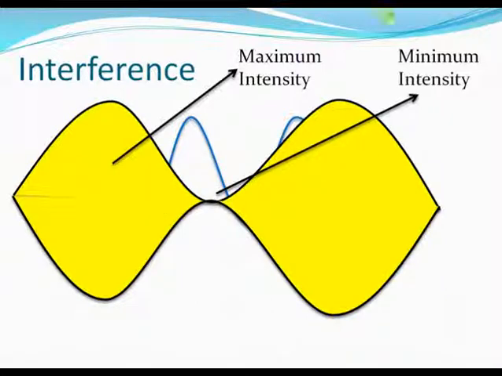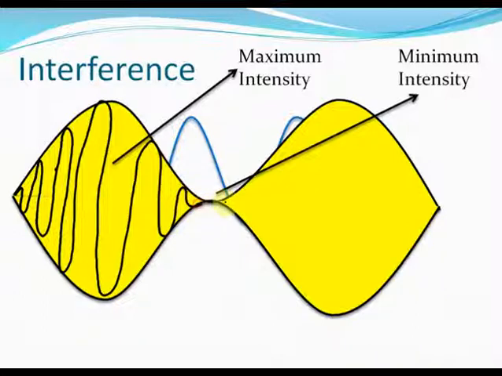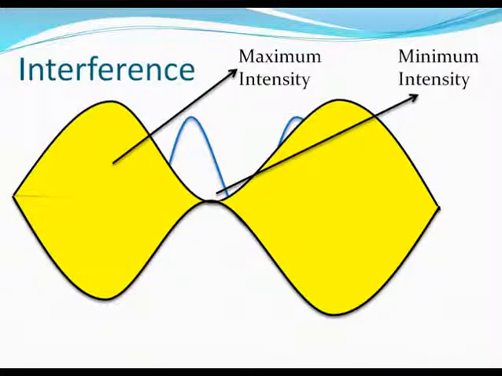The final wave, which is formed when two waves interfere, is something like this. So as you can see, maximum intensity, minimum intensity, and so on. And it is this interference between light waves, when there is a path difference between them, that we're going to talk about in this chapter.